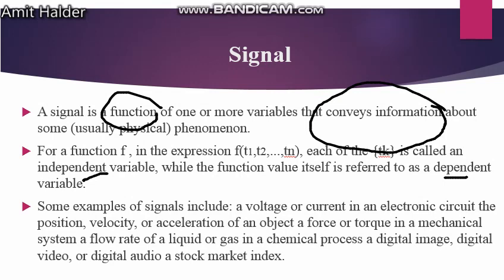There are some examples of signals: a voltage or current in an electronic circuit, the position, velocity or acceleration of an object, a force or a torque in a mechanical system, a flow rate of a liquid or gas in a chemical process, a digital image, digital video or digital audio, a stock market index.